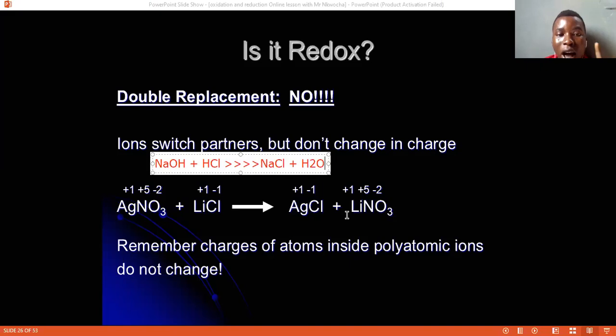For every equation that students attended last week, most of the time a student will say the oxidation state of chlorine is minus one on the reactant side, and the oxidation state of chlorine is minus one on the product. Let me repeat myself. Oxidation state of chlorine is minus one on the reactant, minus one on the product, so therefore it is not a redox reaction.